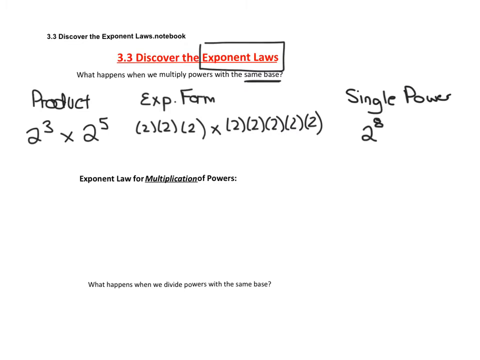So what we can do here is add exponents together if they have the same base, and we get 2 to the power of 8. So the exponent law for multiplication of powers is this. I'm going to write this law down for you guys.